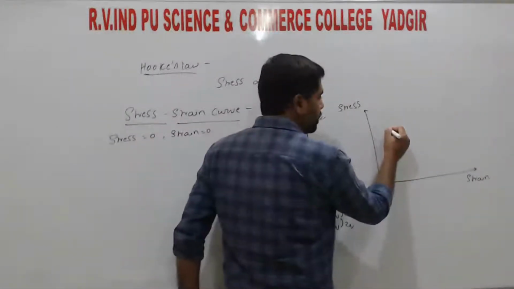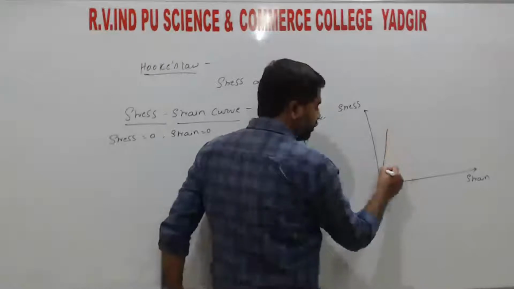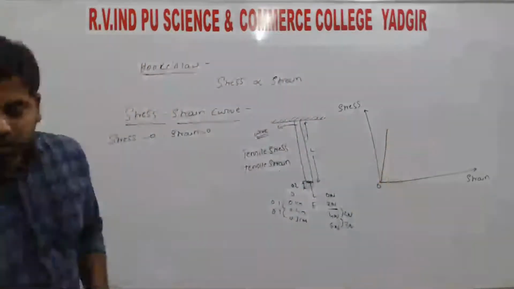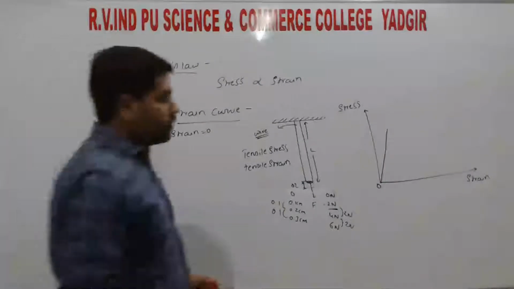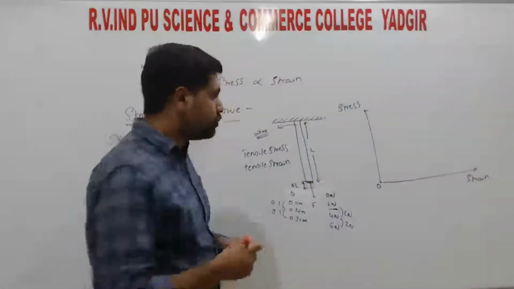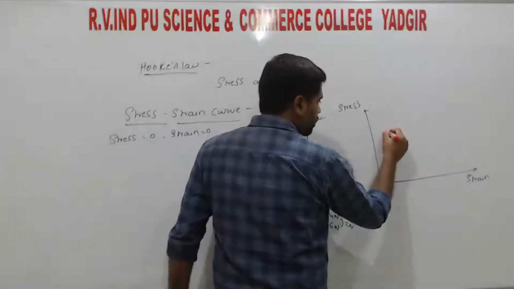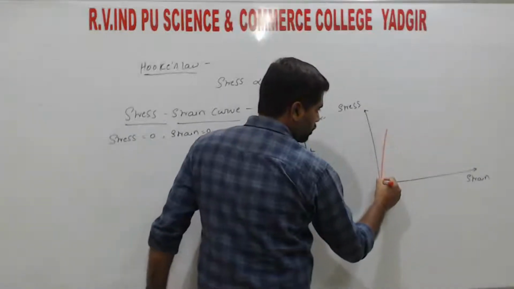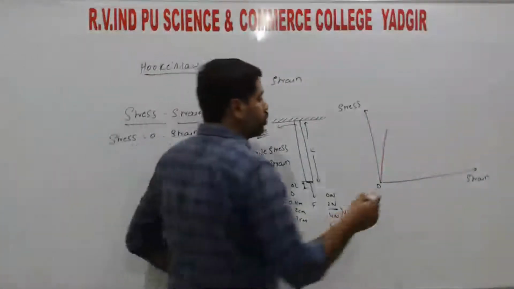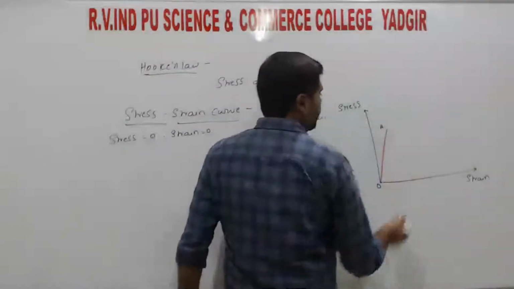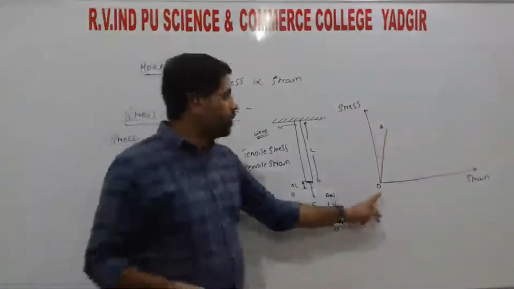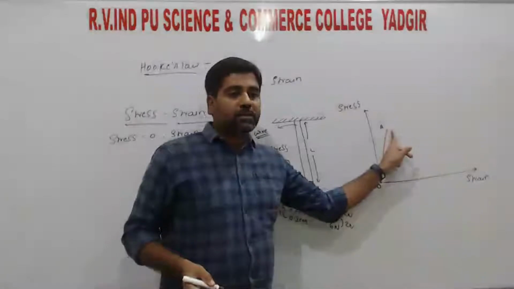So in general we can plot one straight line, right? From 0 to A. So the region from 0 to A obeys Hooke's law.